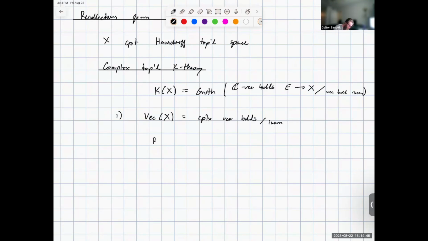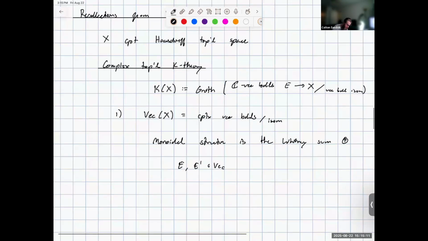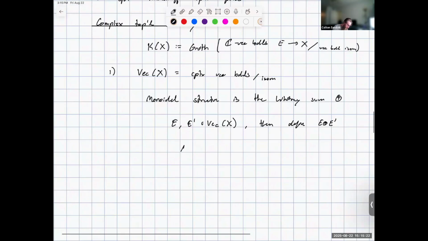The monoidal structure is the Whitney sum, which is just a fancy word for direct sum. If we have E and E prime vector bundles over X, then we can define E direct sum E prime, and the fibers are just direct sums.